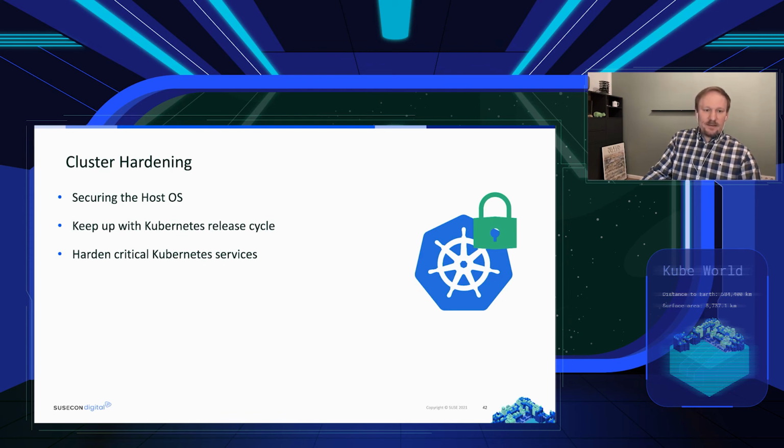The second recommendation is you need to keep up with the Kubernetes release cycle. Kubernetes has a very fast release pace, which is great because you're getting all these new features and increased maturity. But it also means that there's a new minor release every 3 or 4 months. And other than maybe your operating system or other enterprise software that you have, there's no long-term support version for Kubernetes.